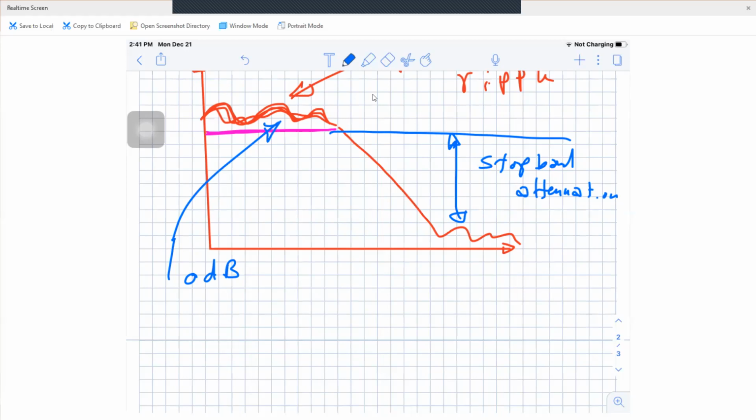The relationship between V out and V in in the passband region: V out equals V in.